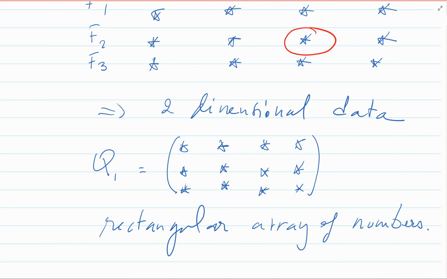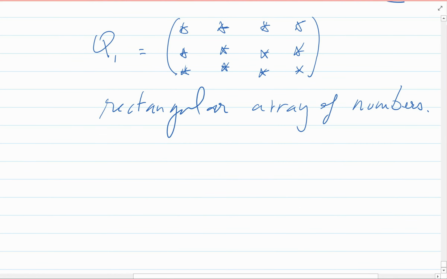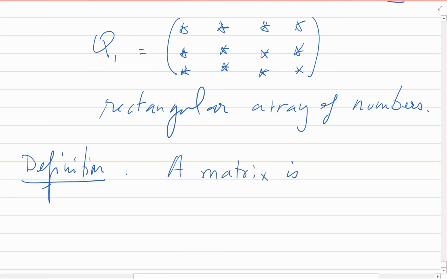So in general, what is a matrix? As you can guess, a matrix has a rectangular shape, a rectangular array of numbers.